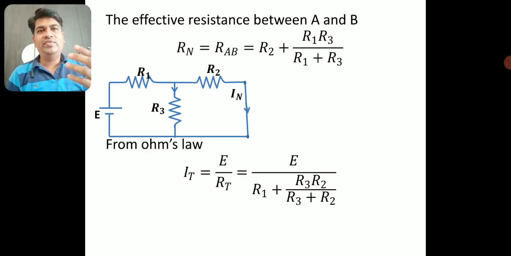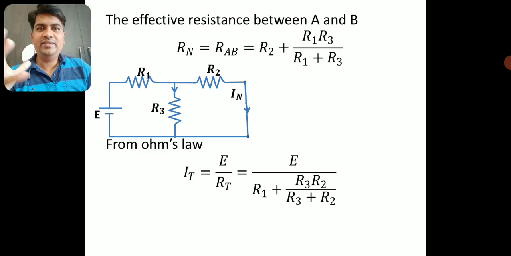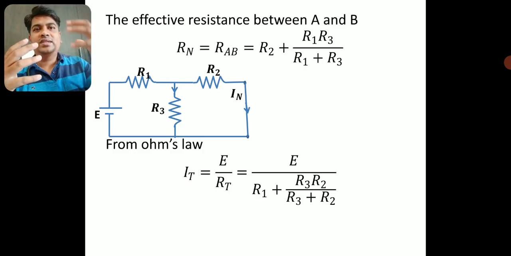Now you need to go for the branch current formula. To use the branch current formula, you need to know the value of the main current. So how do I find the main current? I have calculated the main current so many times, and I use the same formula here. The main current is the total EMF divided by the total resistance.